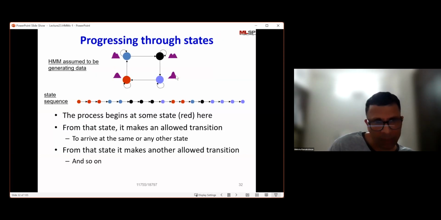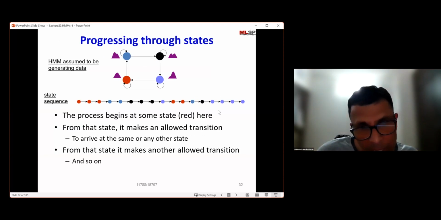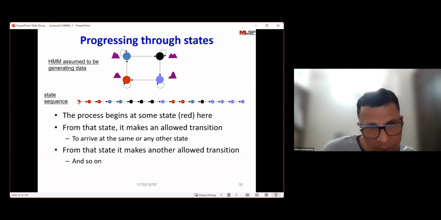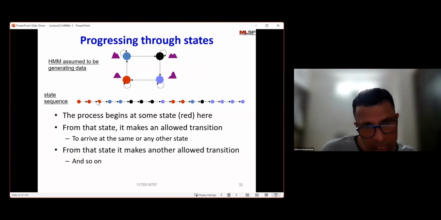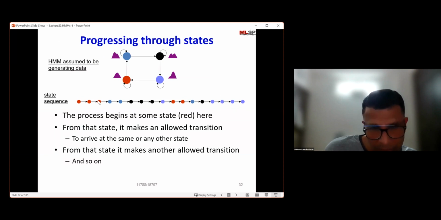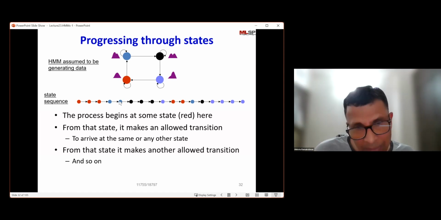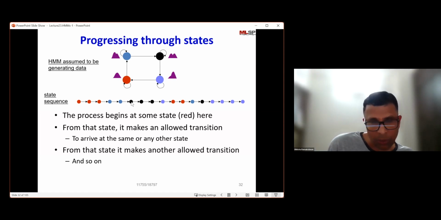So here, for example, the probability that the process is going to go through this sequence of states is the probability of being in the red state at time 1, times the probability of transitioning to red from red, times the probability of transitioning to red from red, times the probability of transitioning to blue from red, times the probability of transitioning to blue again, from blue this time, times the probability of transitioning to black from blue, and so on.